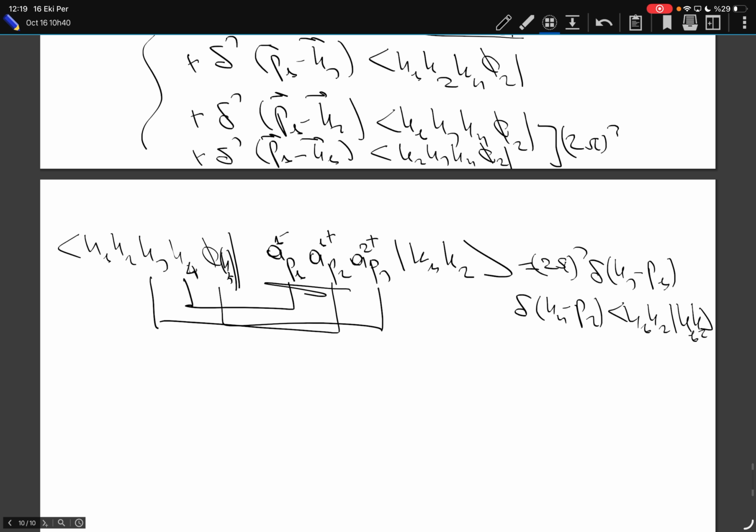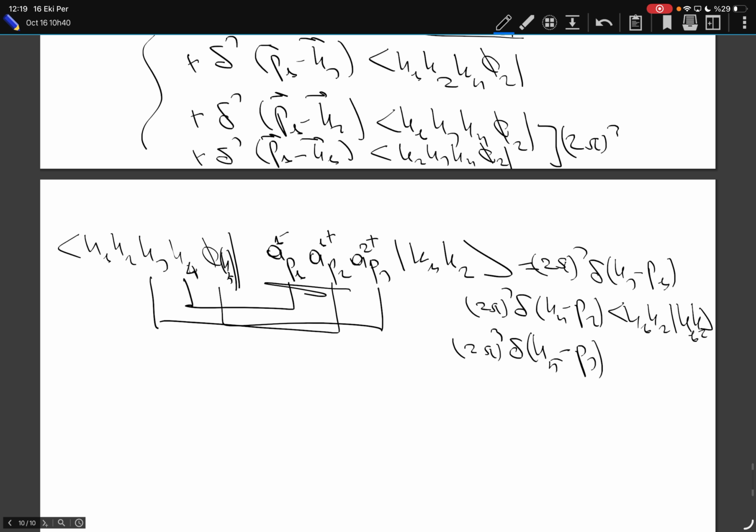Oh, sorry, there is also Dirac delta K5 minus P3. And also keep in mind that those are 3-dimensional Dirac deltas. Again, I will just ignore the 3. Let's see what this contraction will contribute.